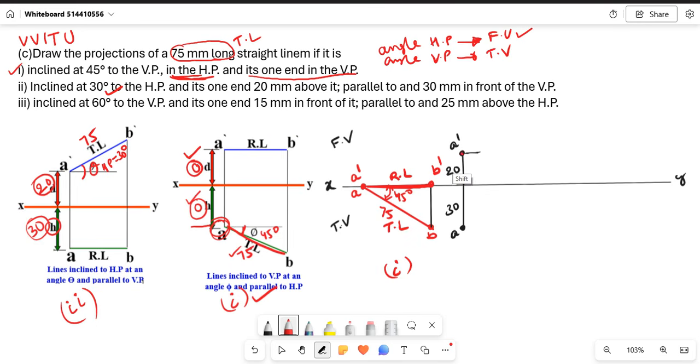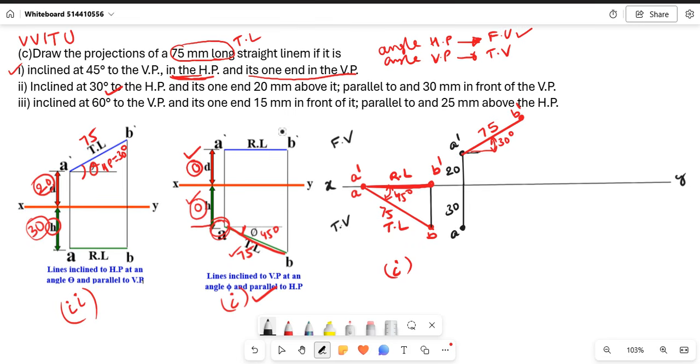From A dash, you draw this line with the respective angle. What is this angle here? 30 degrees, and this length will be 75. This point will be B dash.